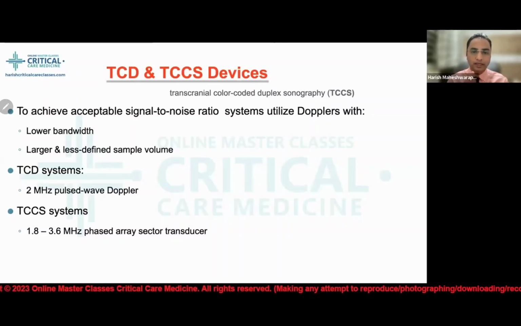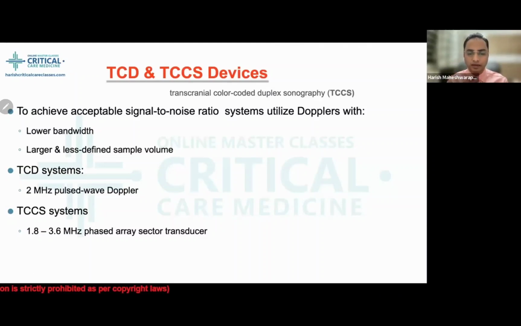TCCS, transcranial color coded duplex sonography, has a frequency ranging from 1.8 to 3.6 megahertz with a phased array sector transducer. So the transcranial Doppler probe is going to be a lower frequency. The lower the frequency, the better the penetration.